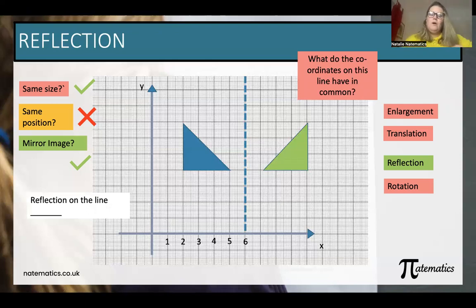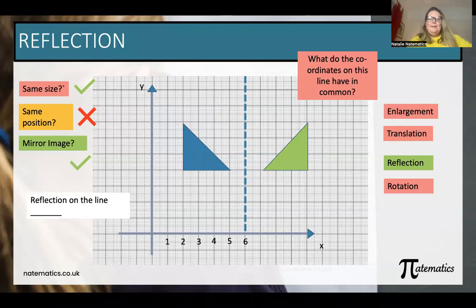So what coordinates has this line got? Well, I could pick that one there. I know the x coordinate is 6. I don't know what the y is. Do I need to know what the y is? No, we don't, because every single point on that line has an x coordinate of 6. So therefore, the equation of the line is x equals 6.